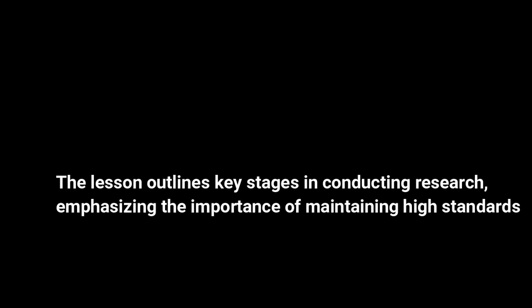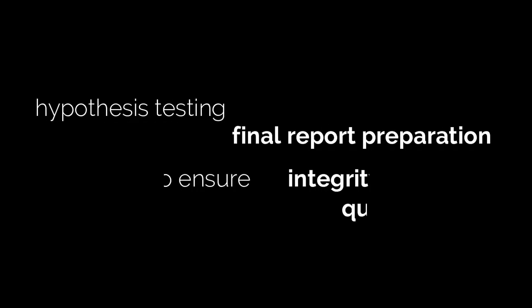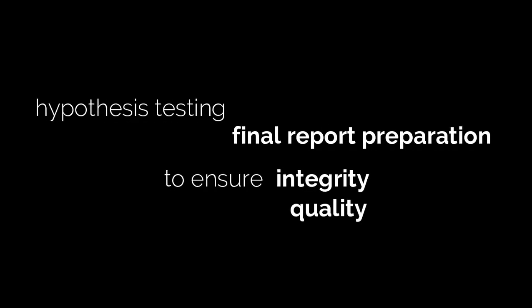Each step influences the others, requiring anticipation of subsequent needs. And the lesson outlines key stages in conducting research, emphasizing the importance of maintaining high standards throughout, from hypothesis testing to final report preparation, to ensure the integrity and quality of the research study.